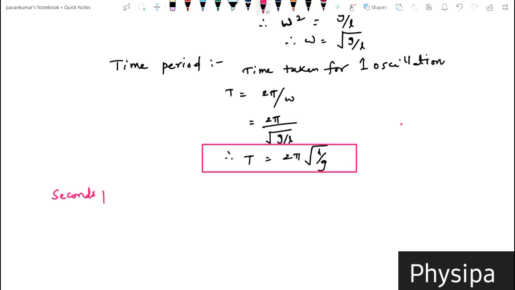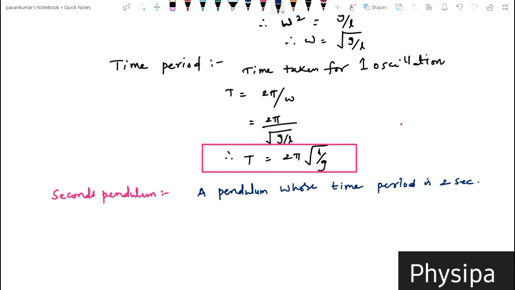Next we will define the seconds pendulum. A pendulum whose time period is equal to 2 seconds is called a seconds pendulum. That is, time period T is equal to 2 seconds. Now we have to find the length of the seconds pendulum.